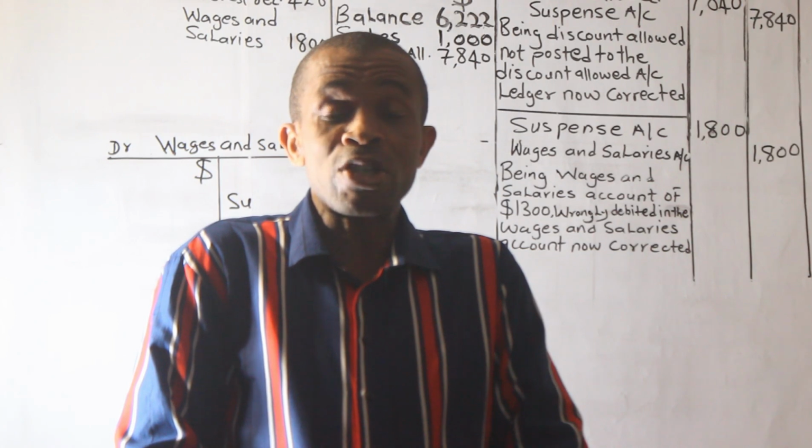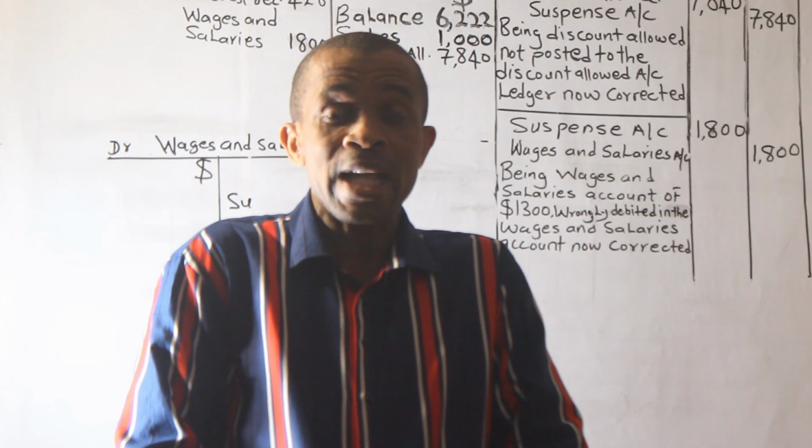Of course, debiting the suspense account with $1,800 shows that this error has succeeded in increasing the debit side of the trial balance by $1,800, and that is why it is placed at the debit side of the suspense account.